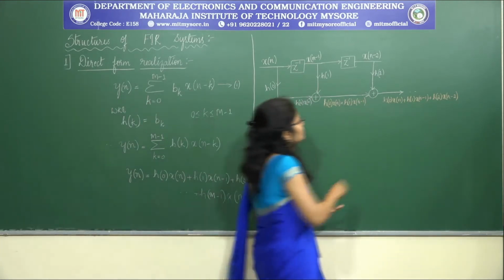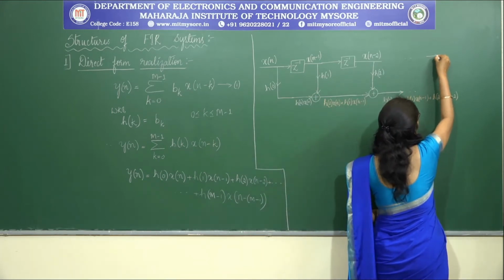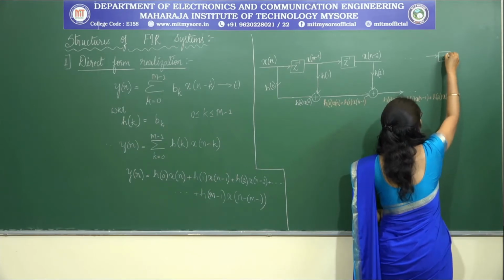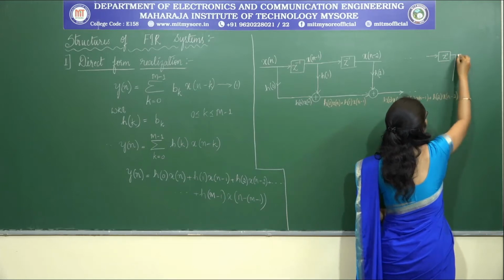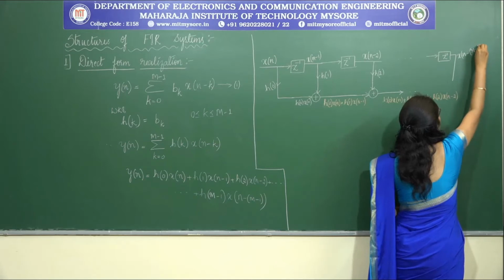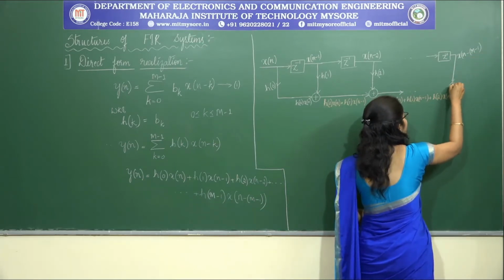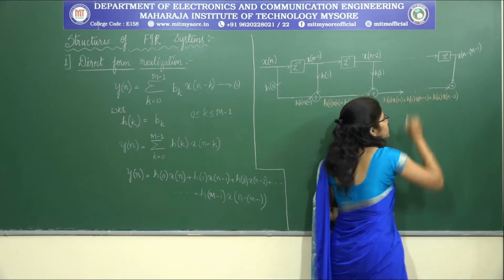If I do the same thing for m number of times, and if I delay it for the last time, we are going to get x of n minus m minus 1, which has to be given to an adder, okay?